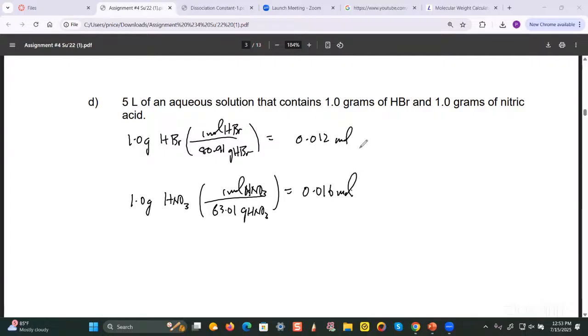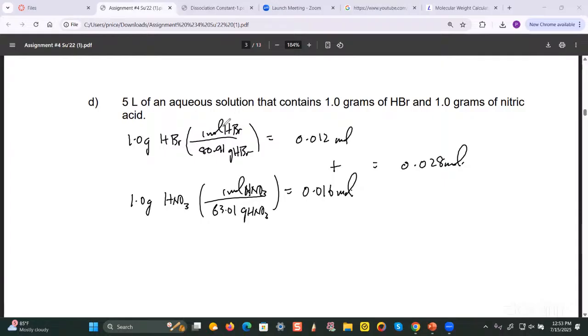Therefore, when you add these two together, 0.012 plus 0.016 gives you 0.028 moles.